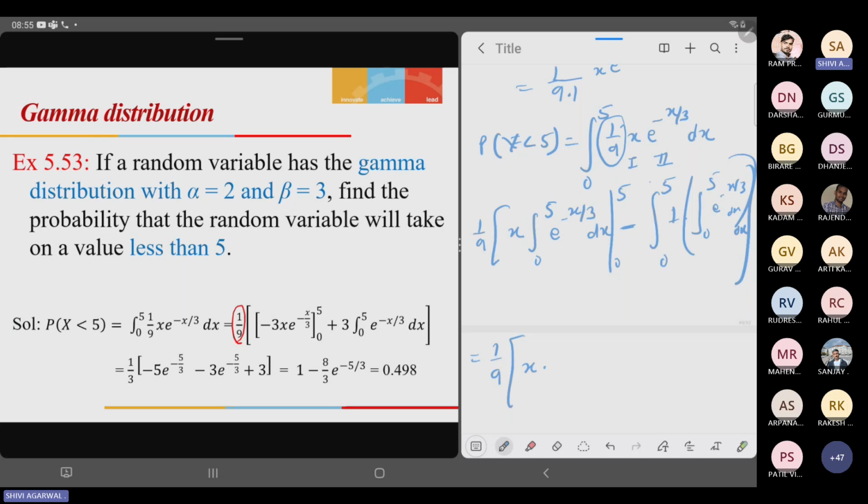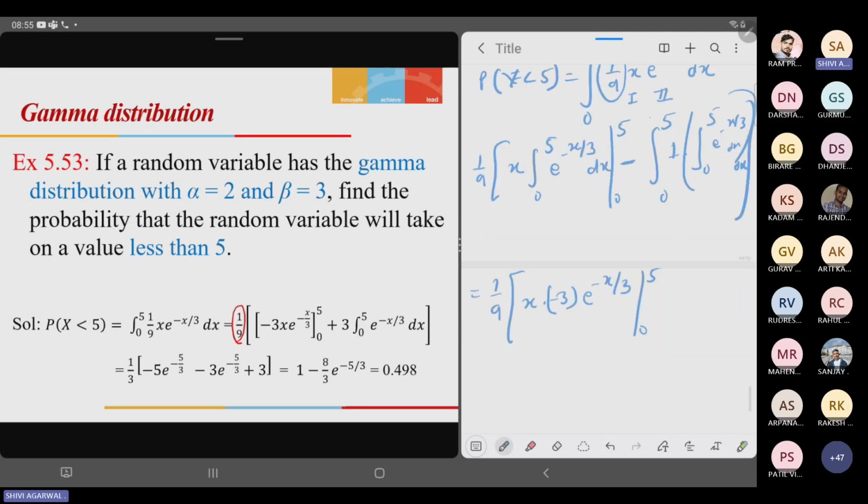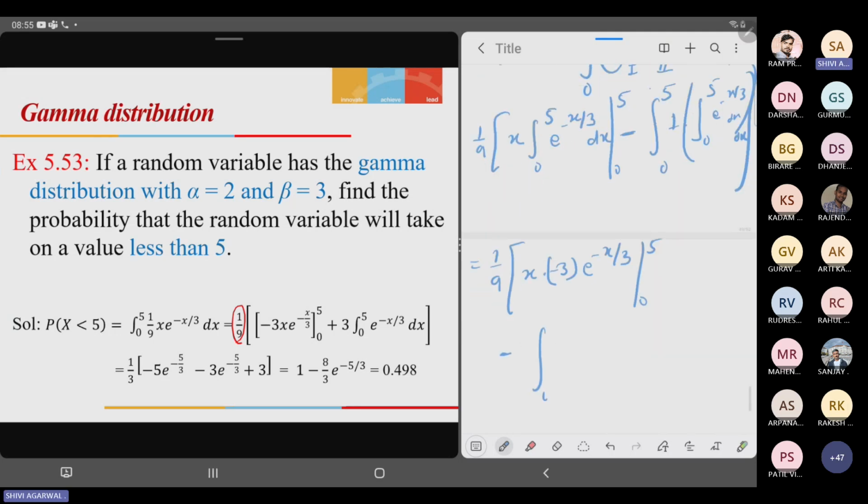And now this is the integration you are doing. So what is coming here? Minus 3 e to the power minus x by 3, and the limit is 0 to 5. Okay, minus integration 0 to 5 of e to the power minus x by 3 with the minus 3 sign into dx.